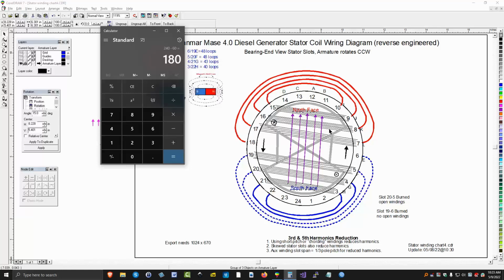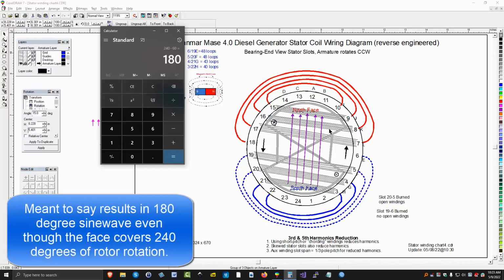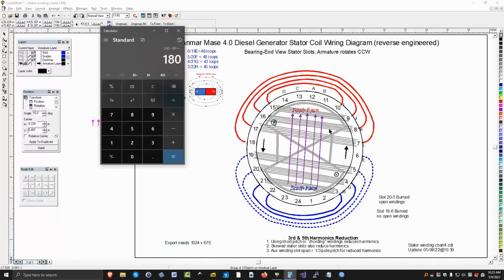So this generator is unbelievable, but I think it does work exactly like this. We're actually getting a 280 degree per phase of sine wave, but yet we're traveling through 240 degrees of slot rotation. Like I say, this thing's amazing.